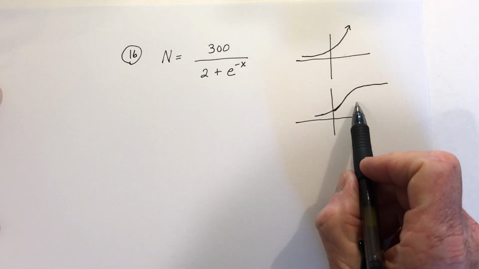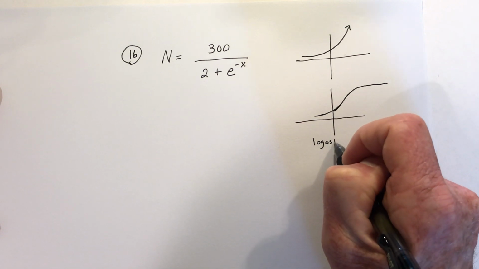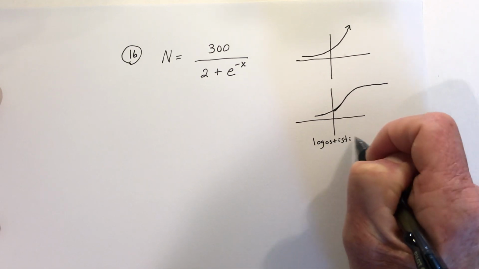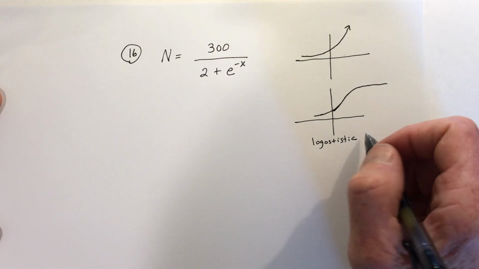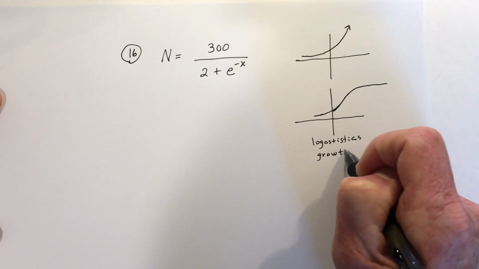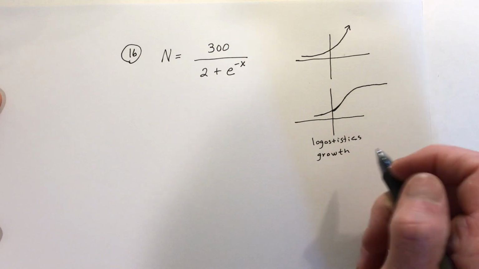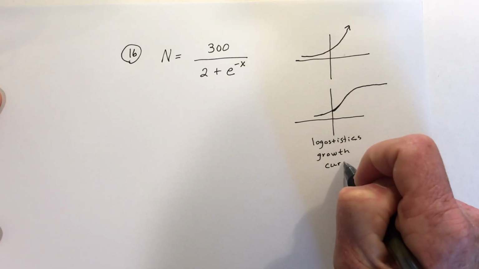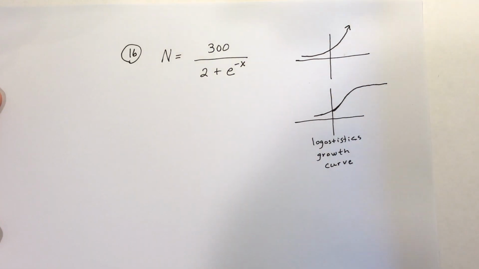And this is called a logistics growth curve, used in business and biology a lot. Logistics growth curve, which just means it can grow rapidly for a while, but eventually it's going to level off. And this is an example of a logistics growth curve.